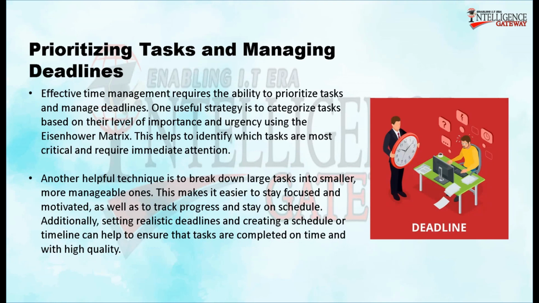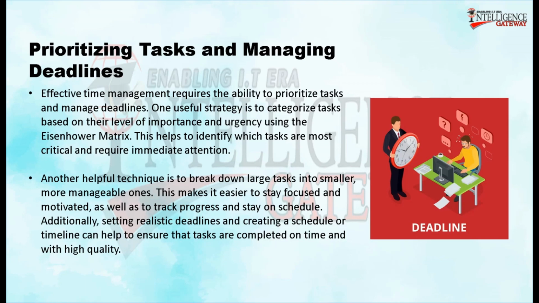Effective time management requires the ability to prioritize tasks and manage deadlines. One useful strategy is to categorize tasks based on their level of importance and urgency using the Eisenhower matrix. This helps to identify which tasks are most critical and require immediate attention.